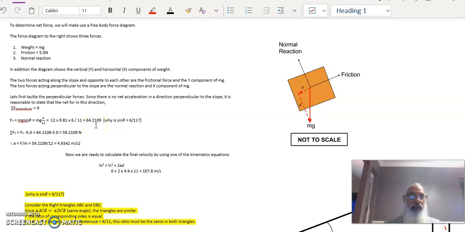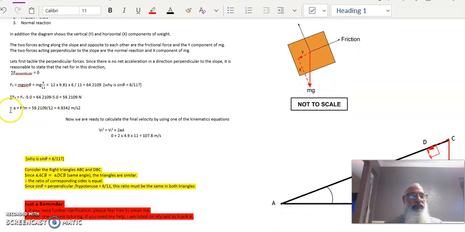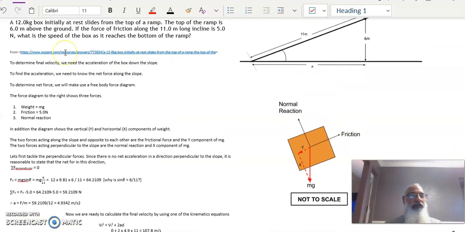We know also that the magnitude of that friction is 5 newtons, and so you have 64.2109 minus 5. So the net force along the slope is downwards, down the slope, and it's 59.2109 newtons.